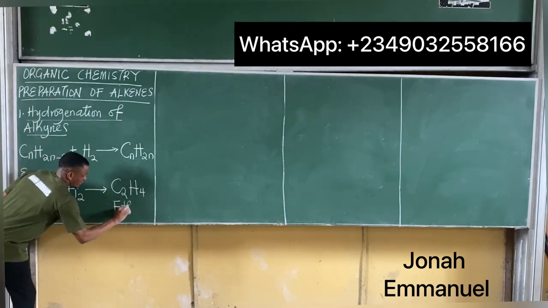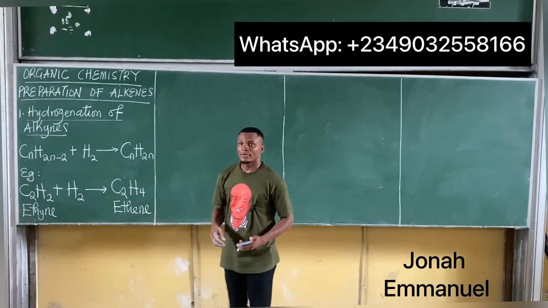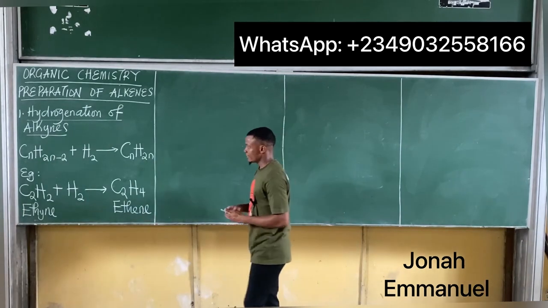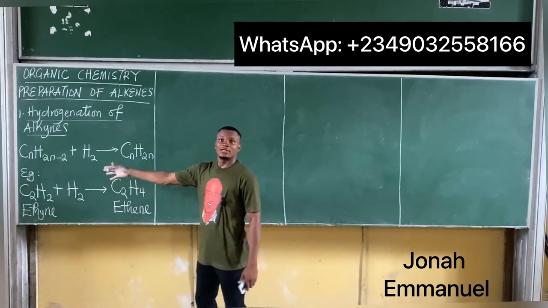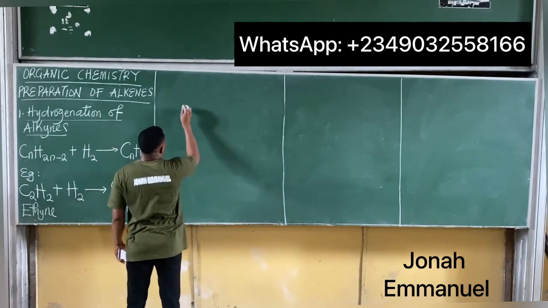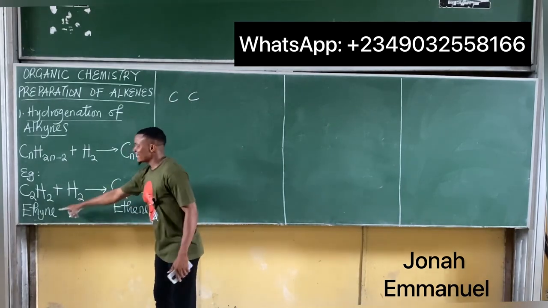So I have this. Let's try to draw the structure. For this one here, C2, so I'm having C1, 2, is an alkyne.